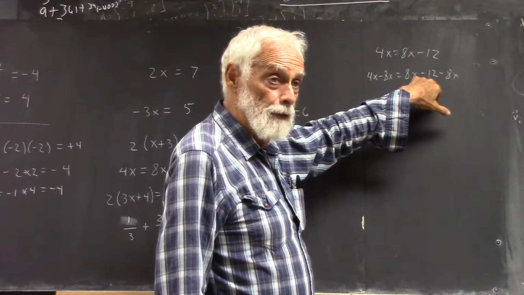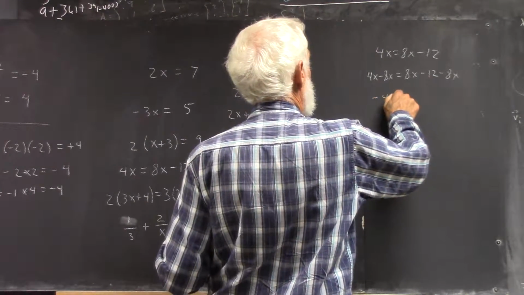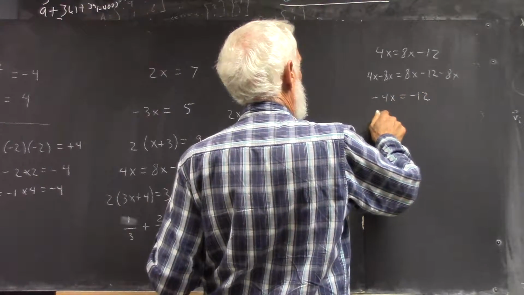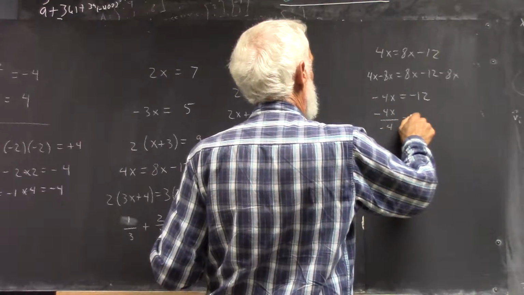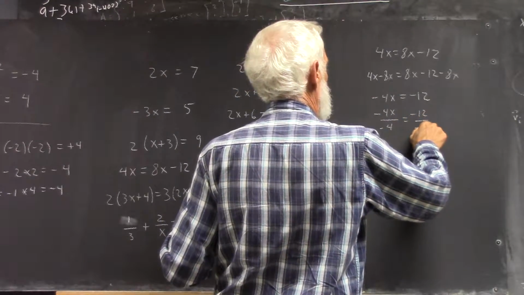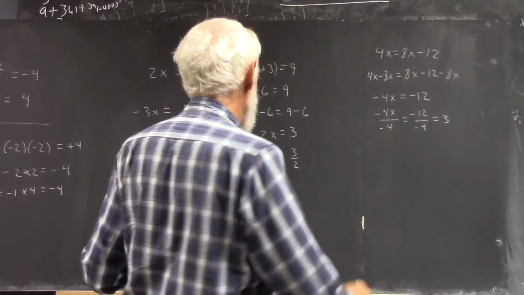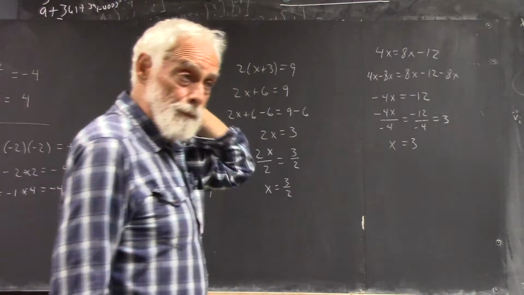That just leaves you negative 12 on this side. So you get negative 4x equals negative 12. So that you have negative 4x over negative 4 equals negative 12 over negative 4, and that's 3. So x equals 3. Okay?